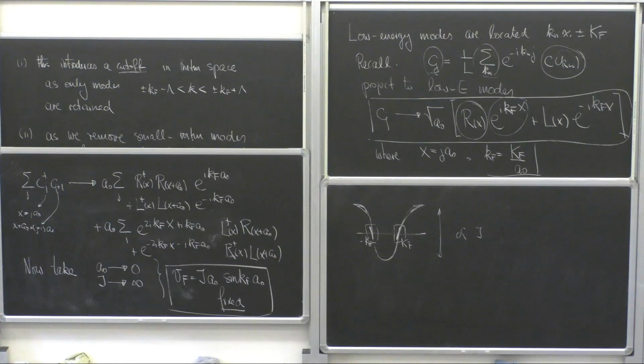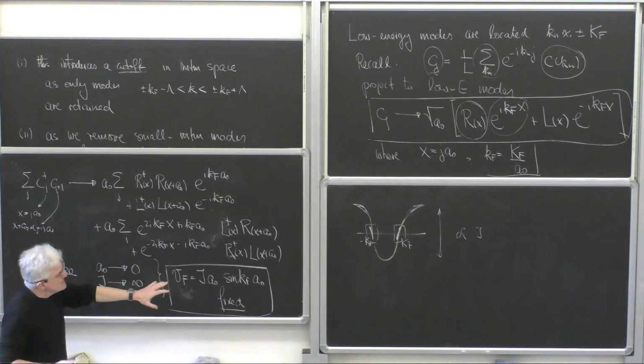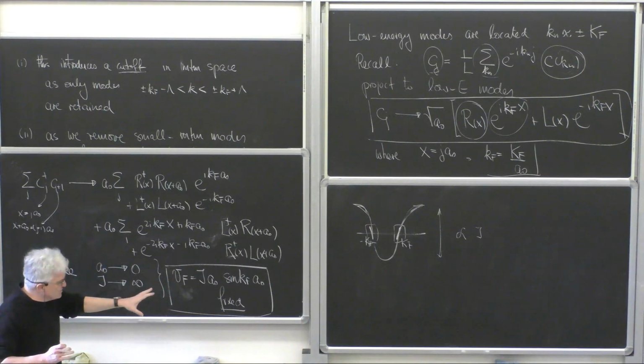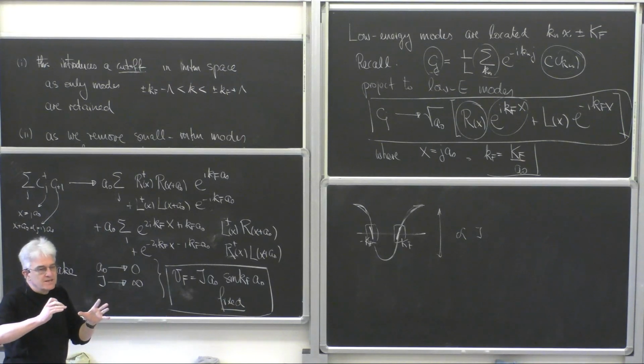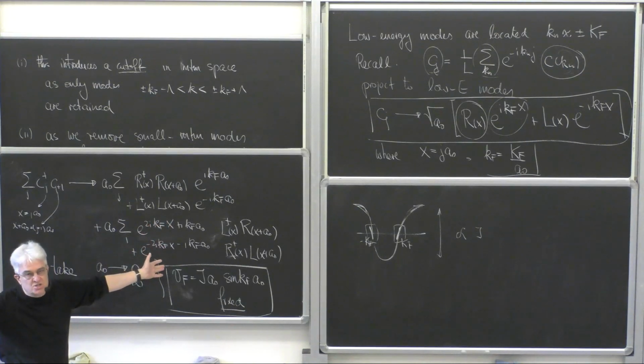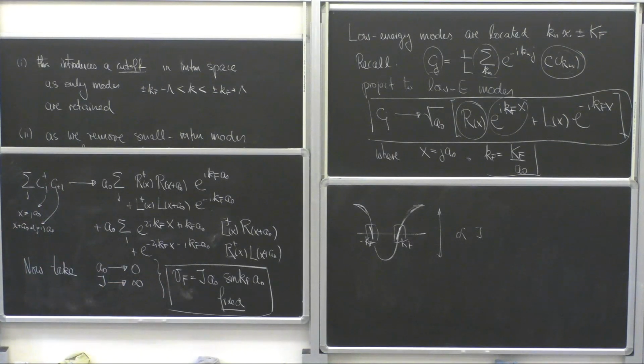That's not how people are using it, and that's not how we will use it later, because it's a little bit too restrictive. It would correspond to describing physics at extremely large distances compared to the lattice spacing. But if you apply this to a magnet or something, you don't want to be in this limit.